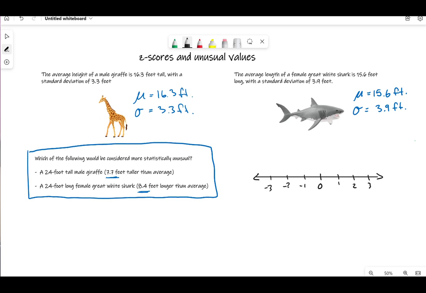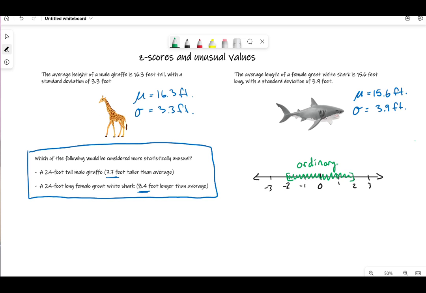Let's consider these are number of standard deviations away from the mean. Our definition is that any value within 2 standard deviations of the mean, so plus or minus 2 standard deviations, we call those ordinary values.